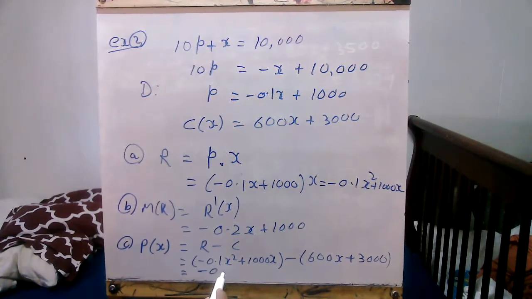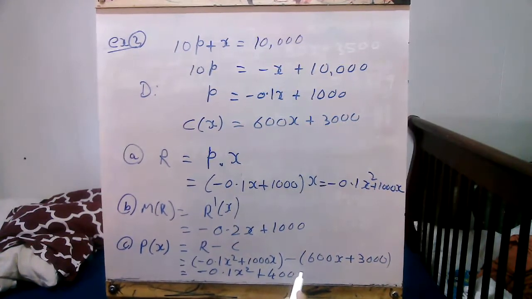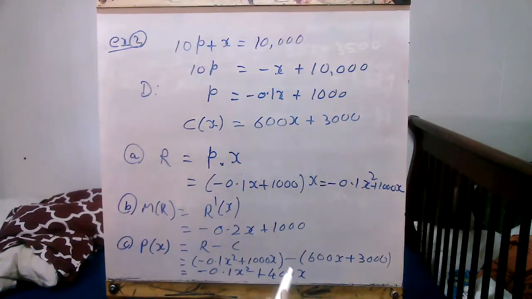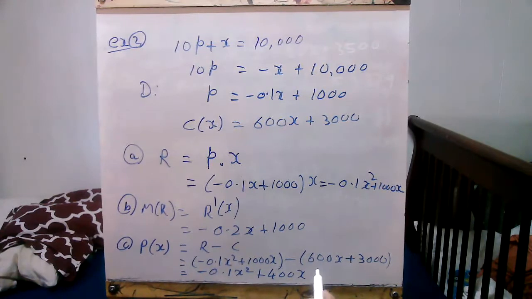Negative 0.1x squared, 1000x minus 600x is plus 400x minus 3000.